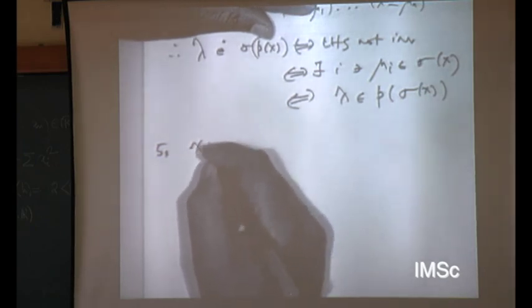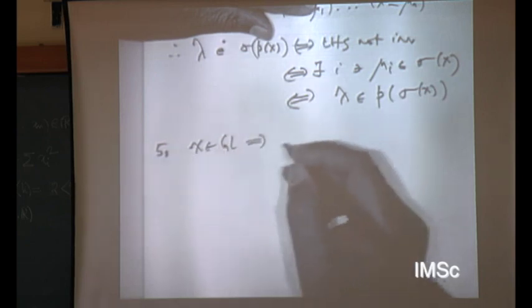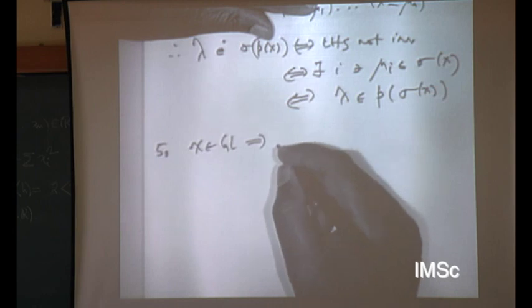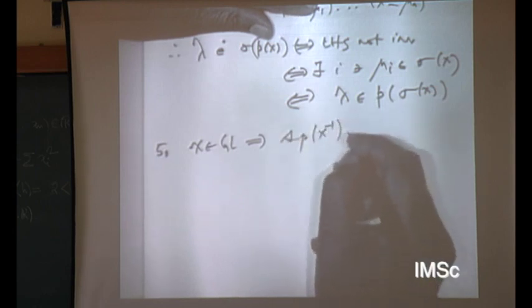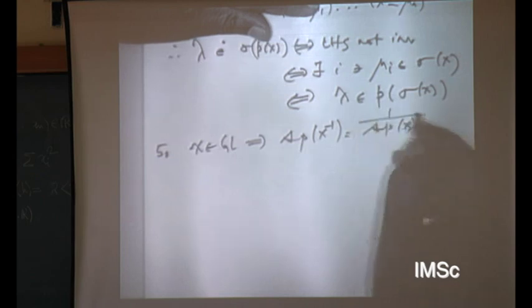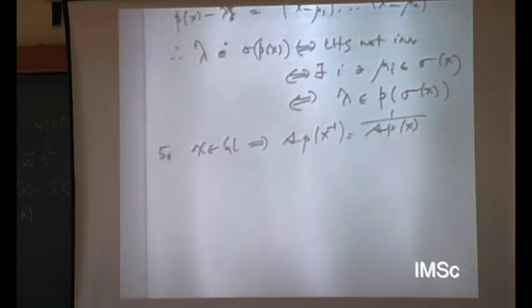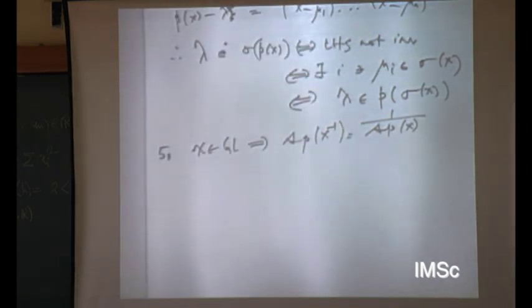I want to say X in GL implies the spectrum of X inverse equals the reciprocal of the spectrum of X. That is the same as the spectral mapping theorem, except we are applying it to the reciprocal function. I'm taking P of z equals 1 over z.